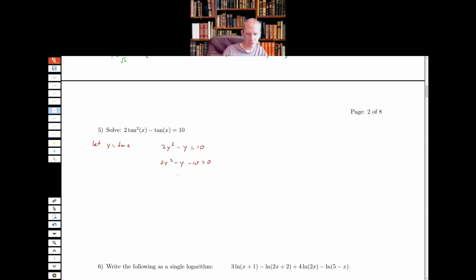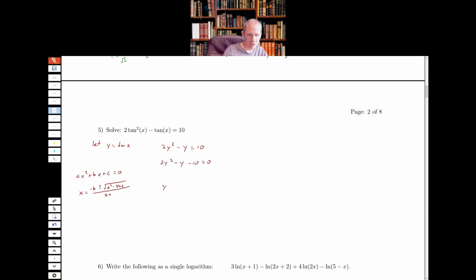I think what I want to do, though, I'm just going to take this as an example, this opportunity to say, how do I factor using the quadratic formula? Okay. So we could say, all right, the quadratic formula, if you have ax squared plus bx plus c equals 0, then x is the opposite of b plus or minus the square root of b squared minus 4ac all over 2a.